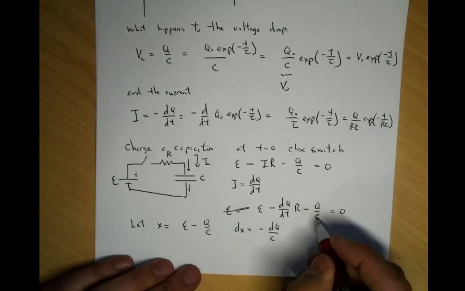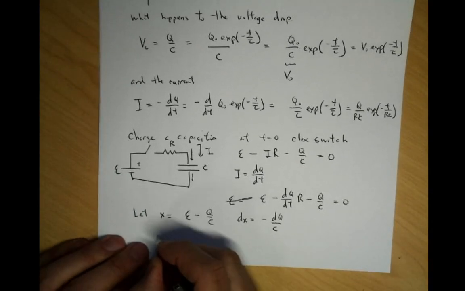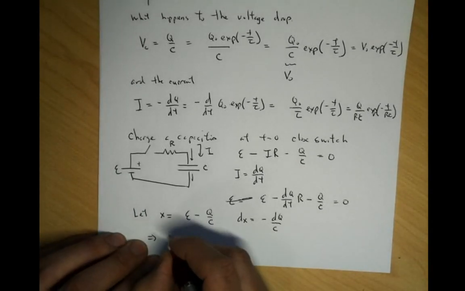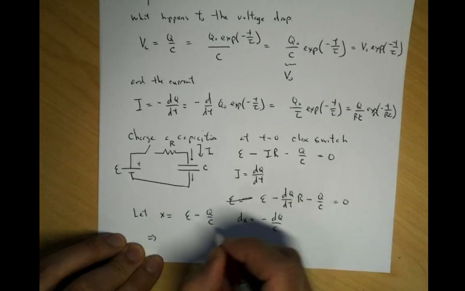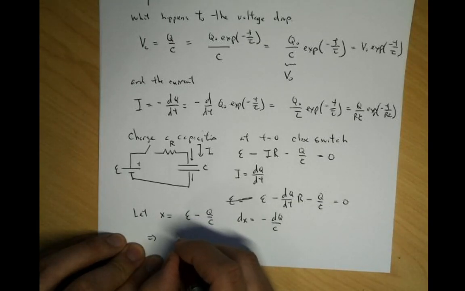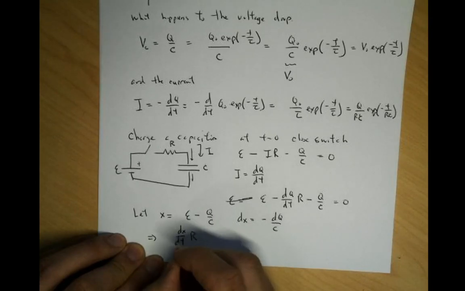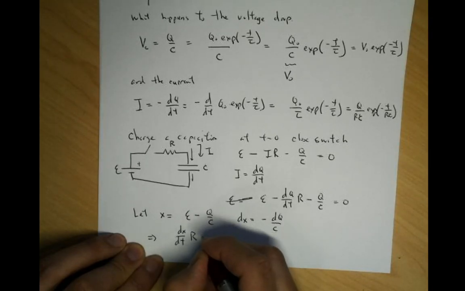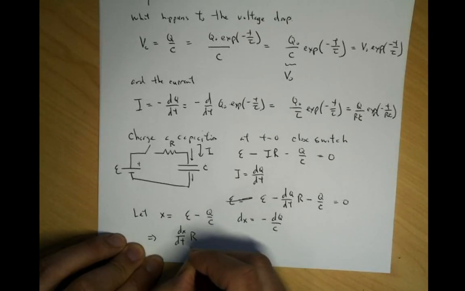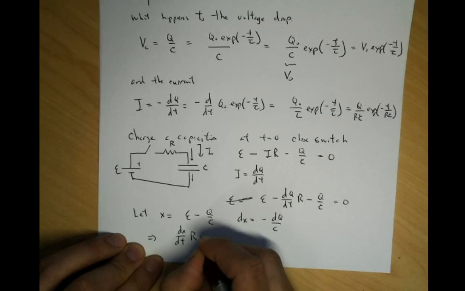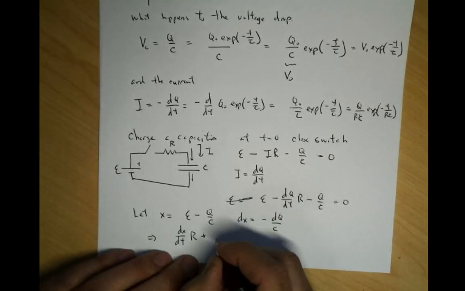So if I write this thing out, this is dx/dt times R plus, yeah, this is the right one.